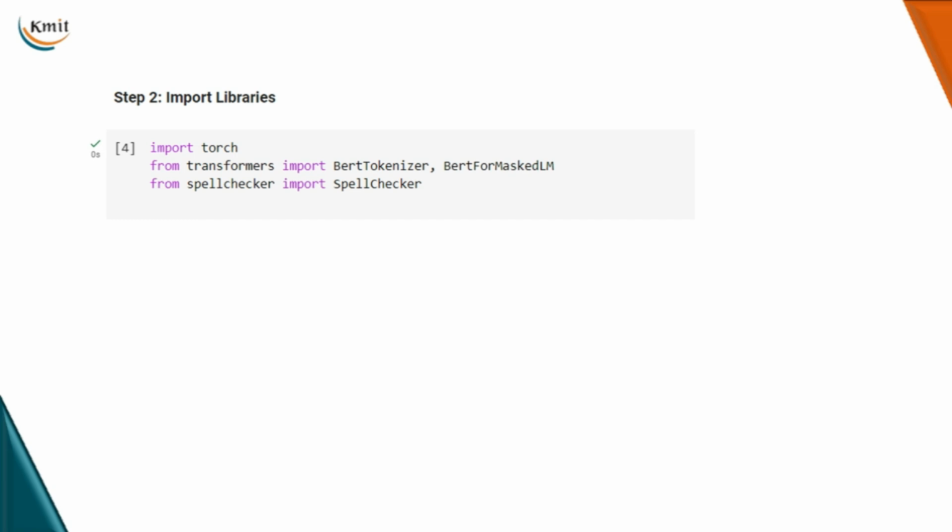When I talk about required libraries, I import the torch library, and from transformers I import BertTokenizer. Here the model that I am using is BERT, hence I import BertTokenizer. I am going for pre-trained language models, for which I also import the pre-trained model called BertForMaskedLM. These are the libraries that I import in step 2.